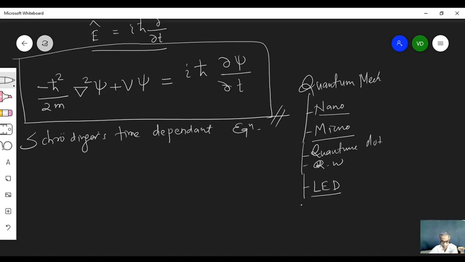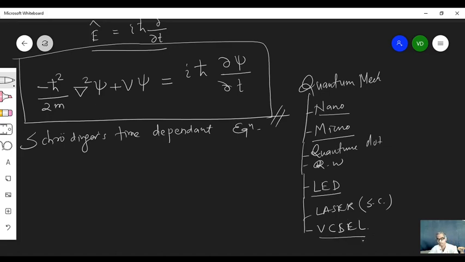And obviously the laser, specifically the semiconductor laser, for example VCSEL, vertical cavity surface emitting laser, which is used in optical communication. So this is a transmitter, VCSEL.